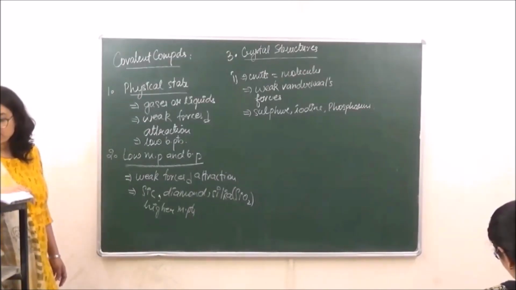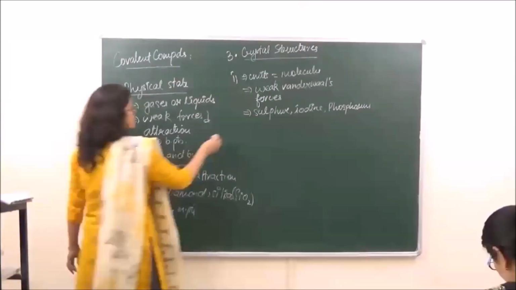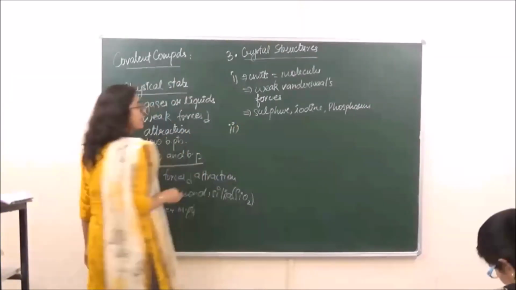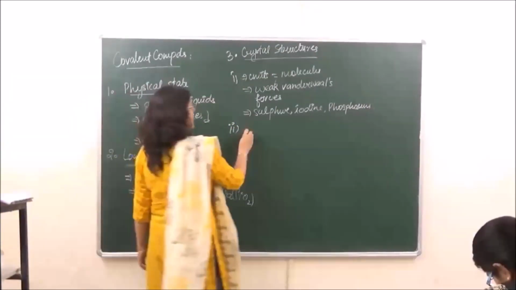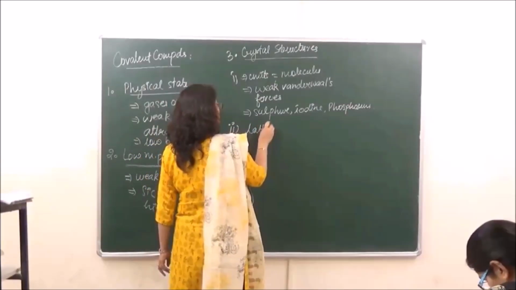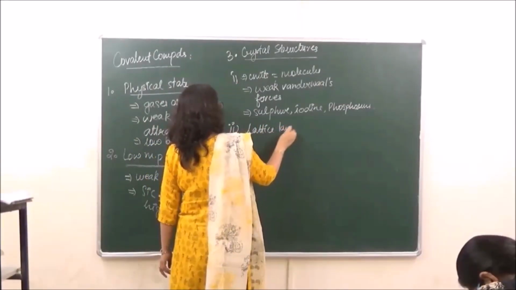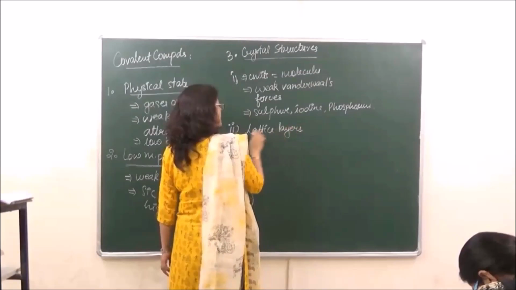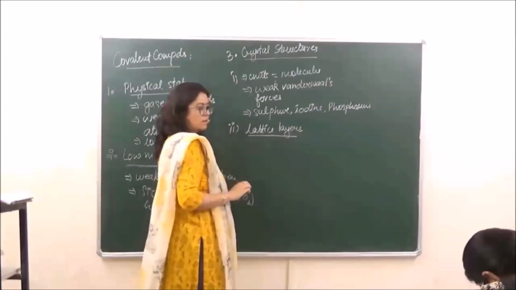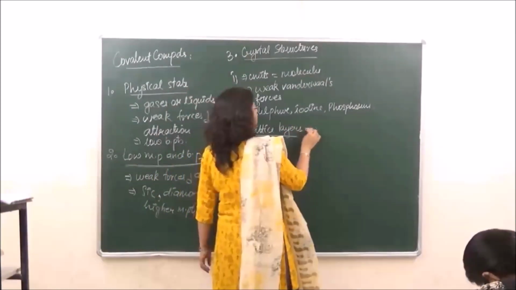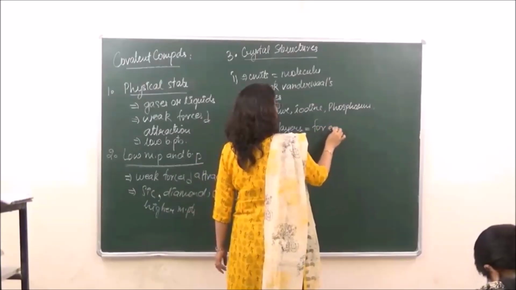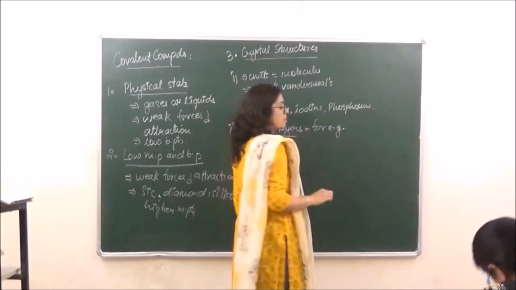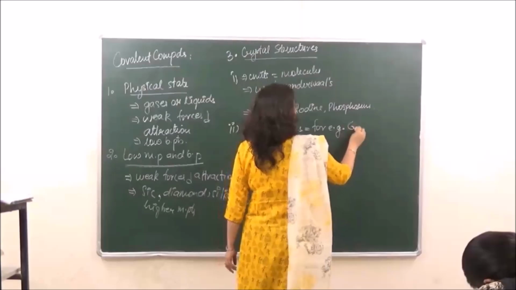The second type of crystals have lattice layers. In the second type of crystal structure, there are lattice layers present. Right? For example, graphite.